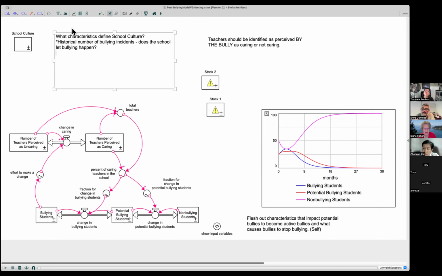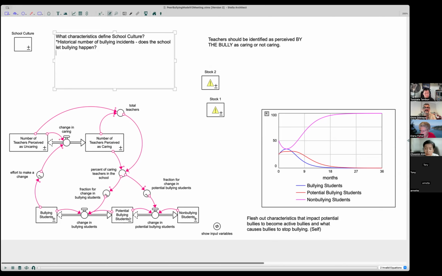If there was a larger culture of allowing bullying, then it's going to require more effort to change that, and it will take a longer period of time. So it can be a resistance to change. Yes, there's a resistance to change. Right. Anything else that you think would define school culture? Tony has written academic focused school culture, high pressure in pursuing academic results.